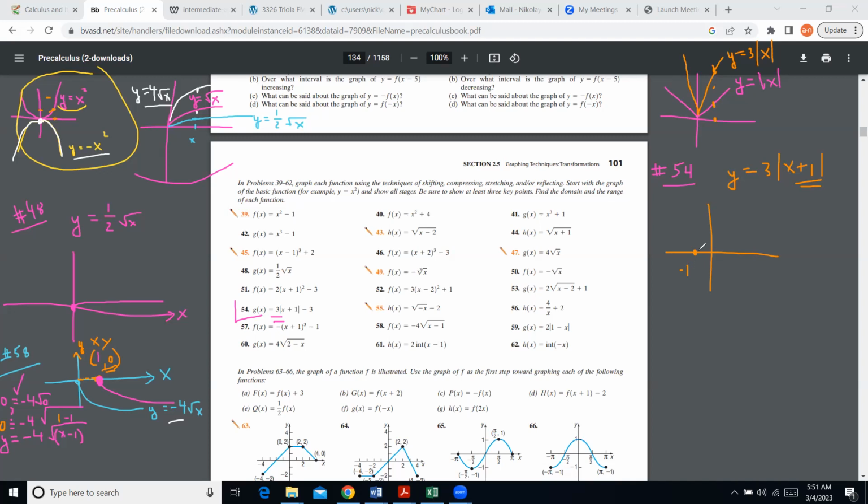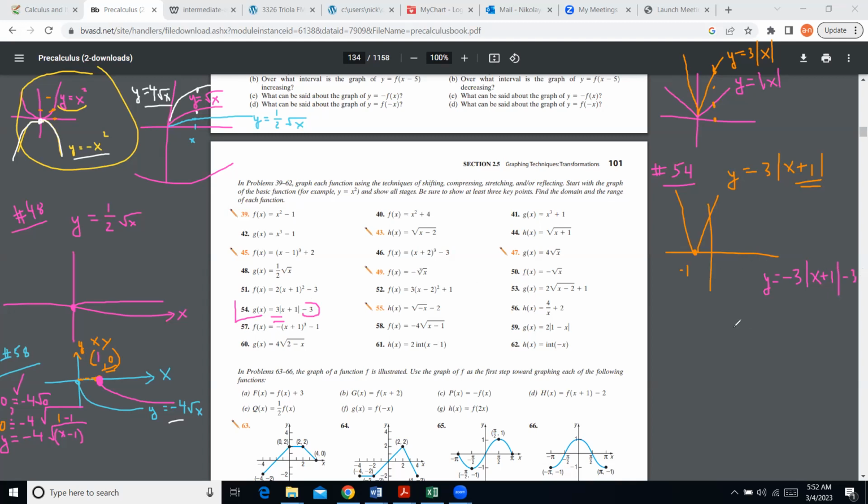So whenever you put +1 inside the absolute values, the graph is moving to the left rather than to the right. And then to get an answer to the exercise with this same graph, -3 times absolute value of x plus 1 with a -3 at the end.